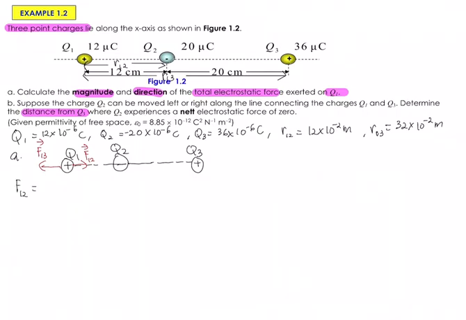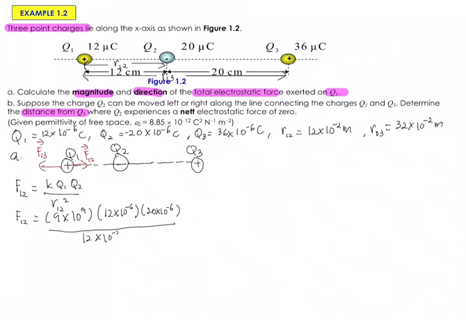Calculate F12. F12 equals K Q1 Q2 over R12 squared, which is 9 times 10 power of 9, Q1 is 12 micro, Q2 is 20 micro, no need to write down the negative, divided by R12, 12 cm, squared. F12 will be 150 newtons.